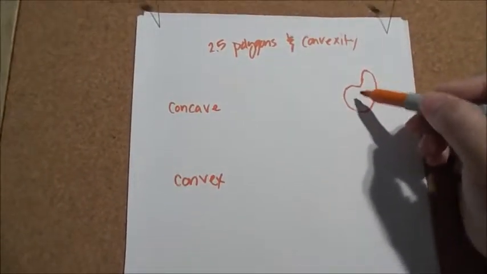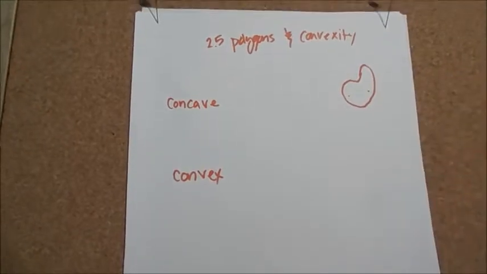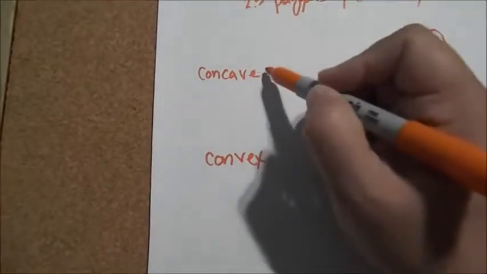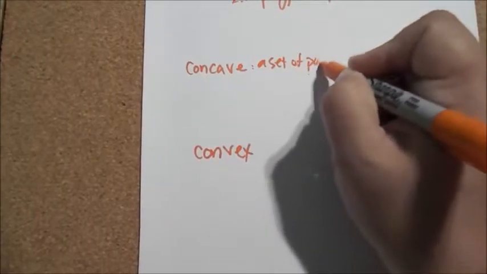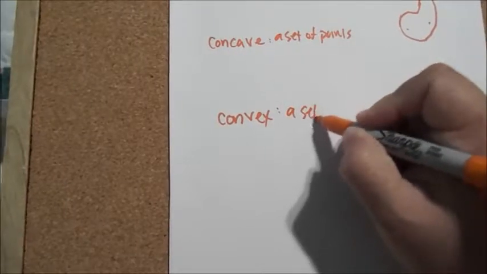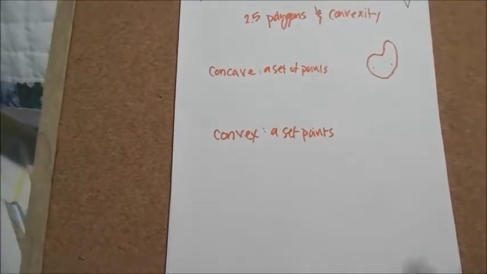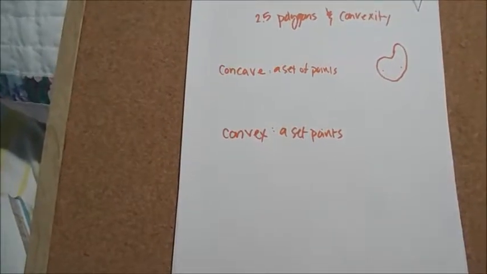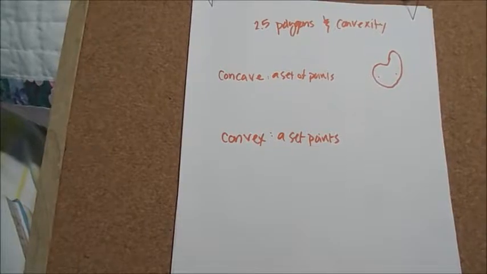So what you do is you choose 2 points. And first of all, concave could be started as a set of points. Okay, convex is also a set of points. So you won't ever have this is a concave point. It's the entire set as a whole. You'll decide if it is concave or not.